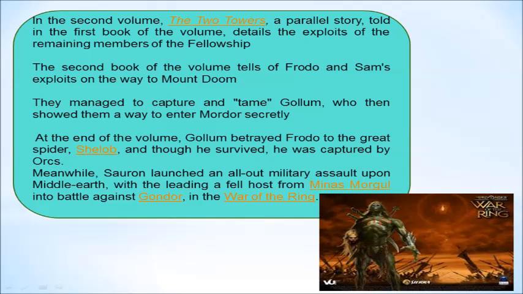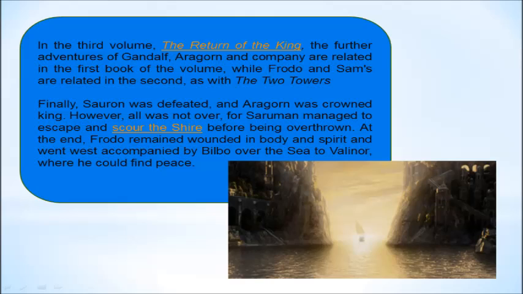In the second volume, The Two Towers, a parallel story told in the first book of the volume details the exploits of the remaining members of the Fellowship. And the second book of the volume tells of Frodo and Sam's exploits on the way to Mount Doom. They managed to capture and tame Gollum, who then showed them a way to enter Mordor secretly.